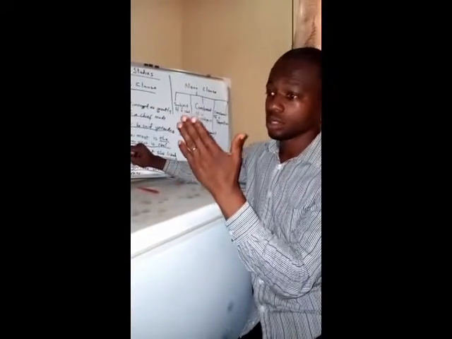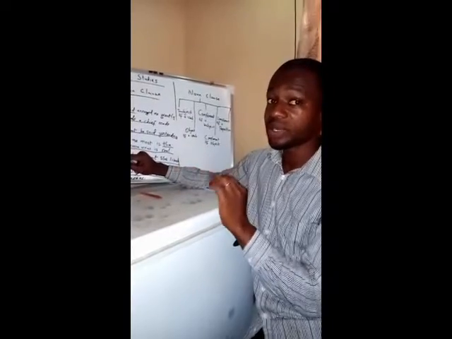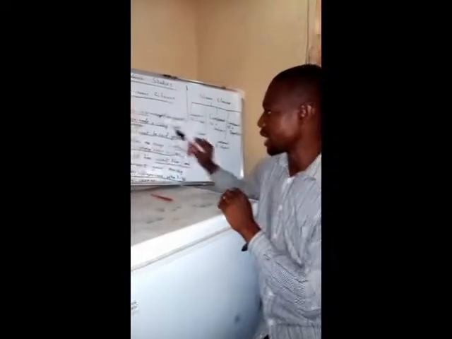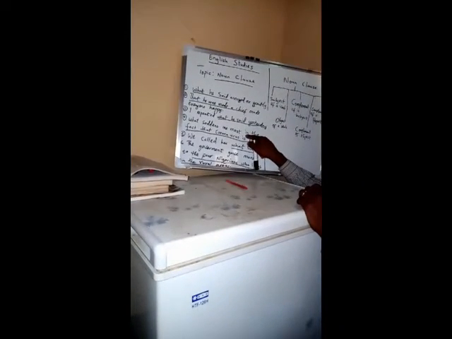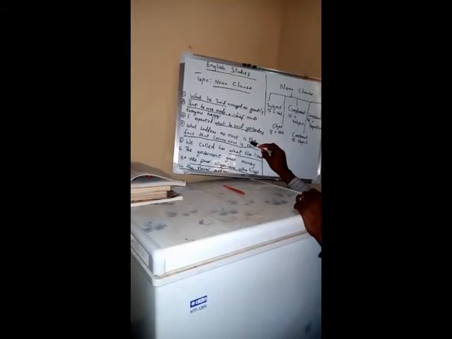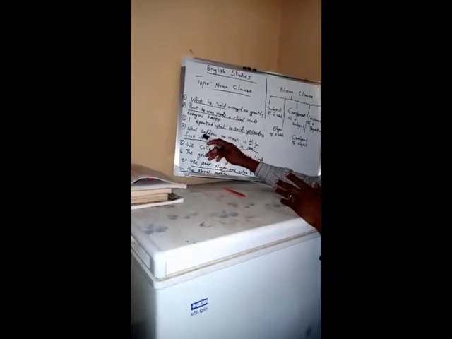We have the subject and the predicate, and the predicate part of the sentence starts from where the first verb appears. And this is the verb that we have here. So from here is part of the subject complement. It complements the subject.